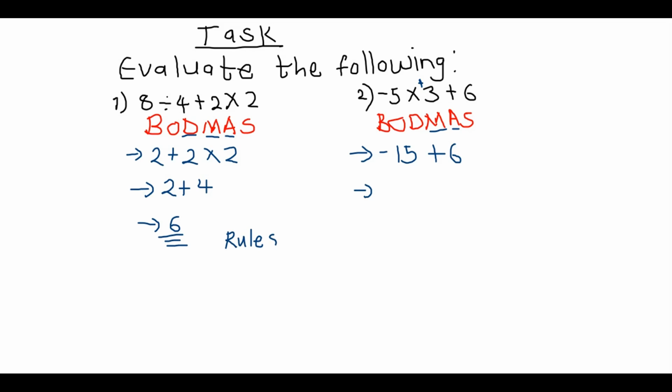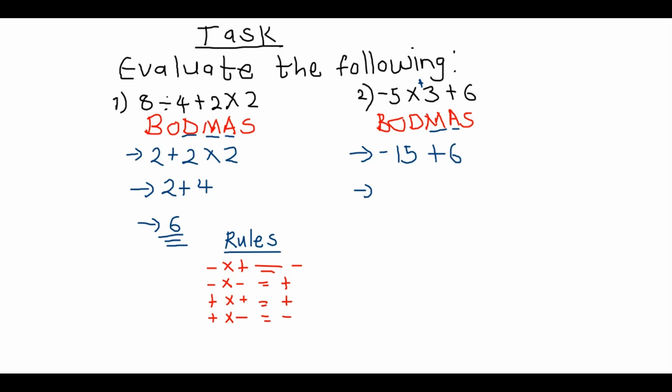Negative multiplied by positive gives a negative. Negative multiplied by negative gives a positive. Positive multiplied by positive gives a positive. Positive multiplied by negative gives a negative.